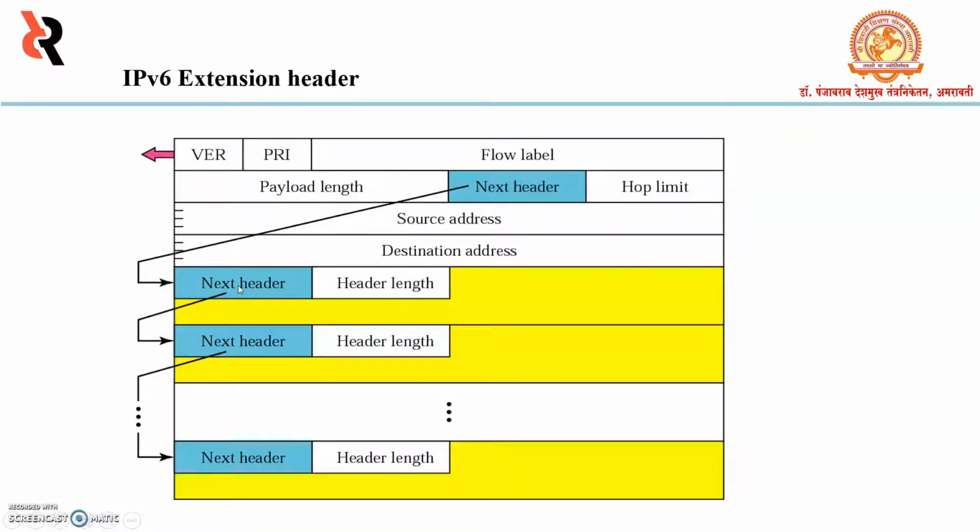If there is one more extension header, then the first extension header's next header field points to the second one, and so on. So the next header points to the first field of the next header, and that continues. So this is the extension headers format.